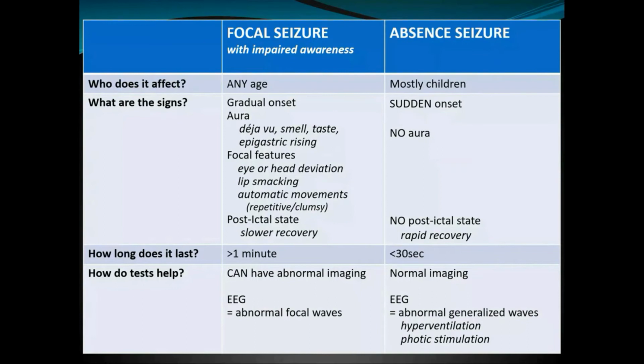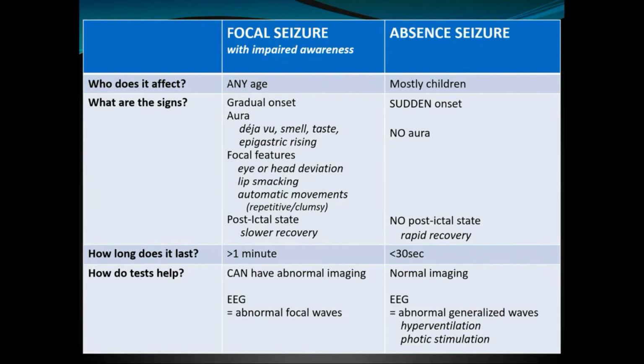Tests can be helpful to distinguish these. So sometimes focal seizures with impaired awareness will have abnormal imaging, so some focus or source for that surge of brain activity. Whereas with absence seizures, usually we don't get any clues from doing head scans. The EEG can be very helpful if we capture some abnormal waves between episodes, or better yet, if we actually capture an episode.